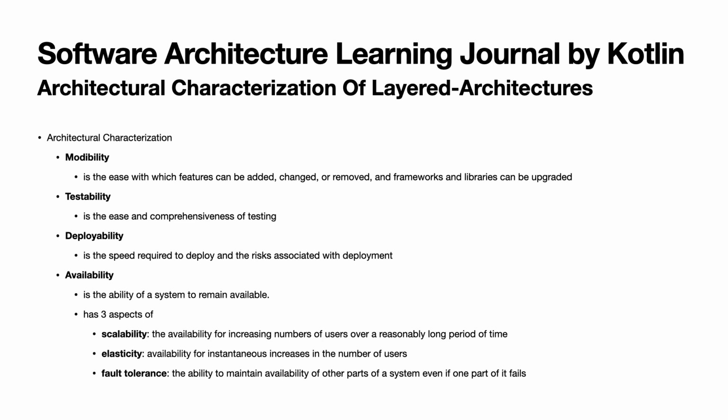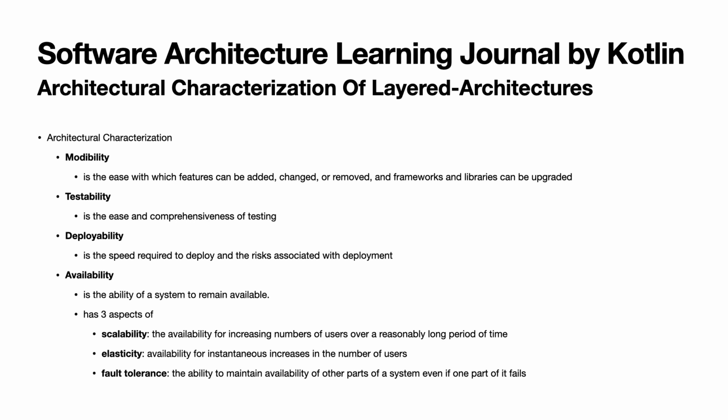First, let me explain the architectural characteristics that we will be evaluating. The evaluation criteria are modifiability, testability, deployability, and availability. 4 factors in total. Modifiability refers to the ease of adding, modifying, or removing features, as well as upgrading frameworks and libraries.